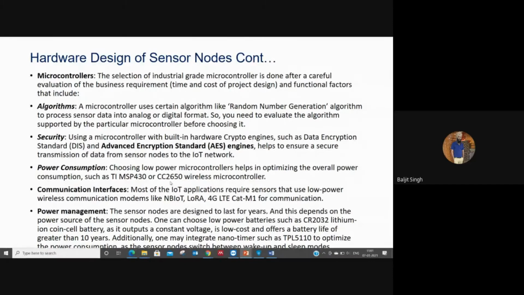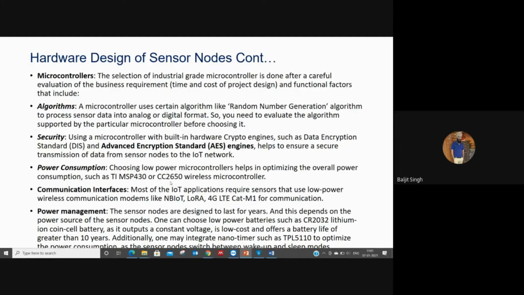So less power consumption is there in the IoT modules, and very efficient batteries are used. And this depends upon the power source of the sensor nodes. One can choose low power batteries, such as lithium ion coin cell battery, as it outputs a constant voltage, is low cost, and offers a battery life of greater than 10 years.